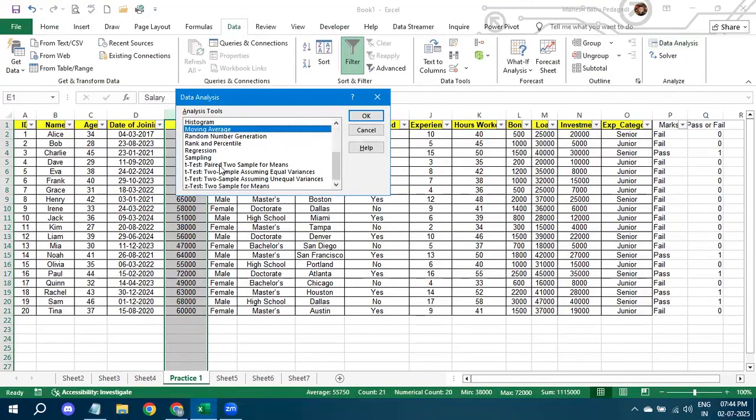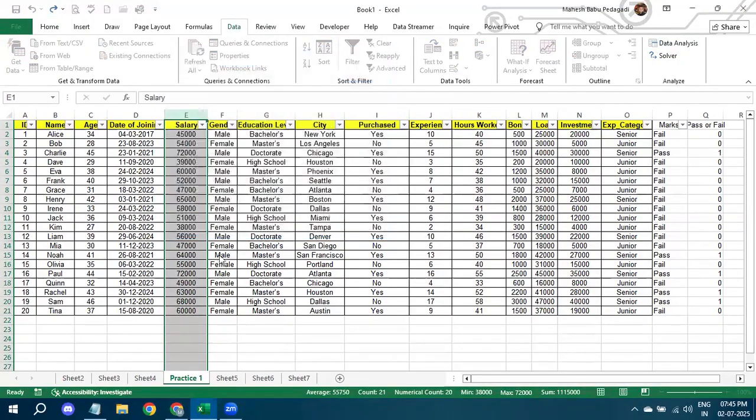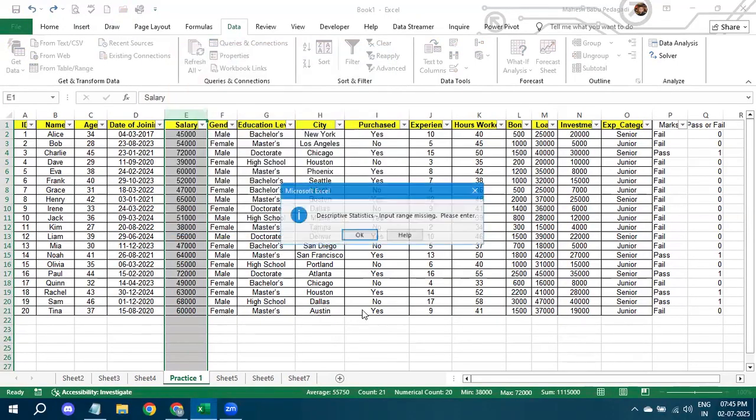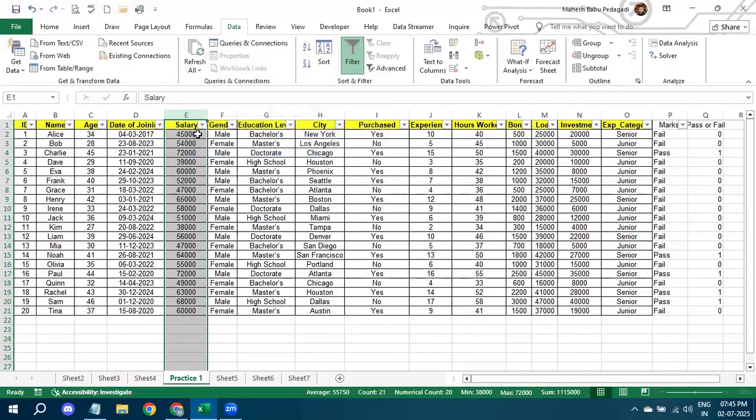Let's go to descriptive statistics. I'll click on OK. I'll select the output range. You have to give the input, and also the labels in first row. I'll go to Data Analysis, Descriptive statistics.